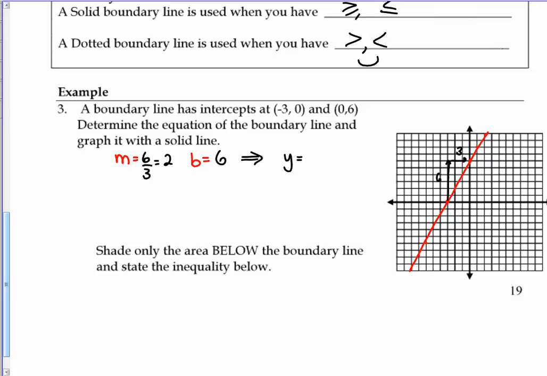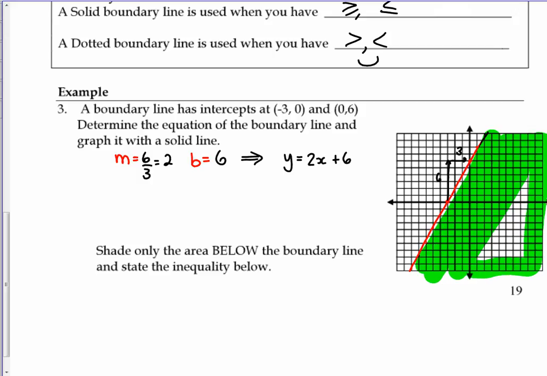Y is equal, just before shading, y is equal to 2x plus 6. So because they want us to shade below, less than or equal to. Good job, Sarah. Nice catch.